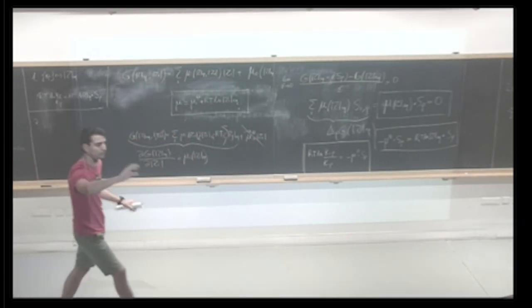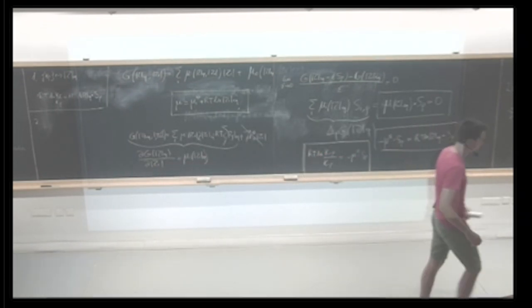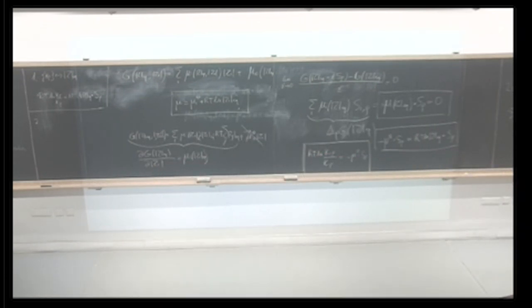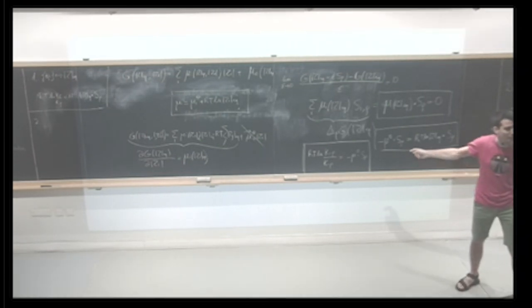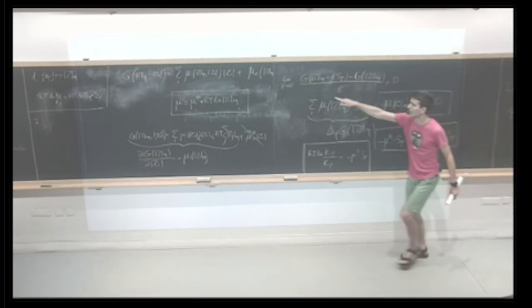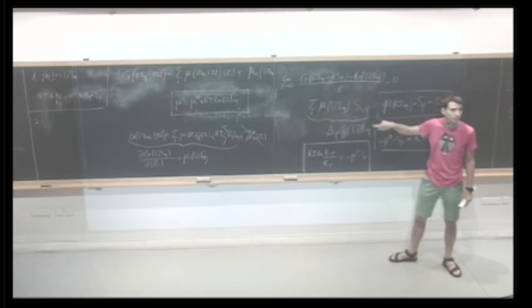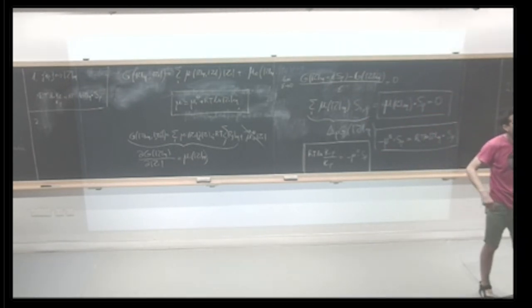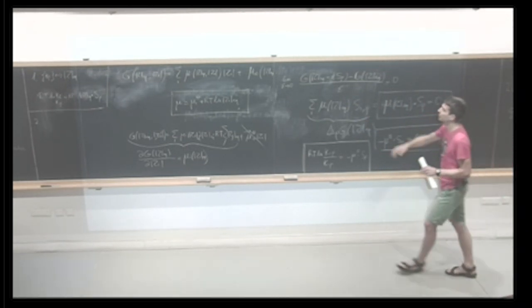Yes, sorry. Delta rho G. You said that delta rho G is equal to mu dot S rho. Yes. Could this change if epsilon goes to 0? No, because imagine you are expanding.